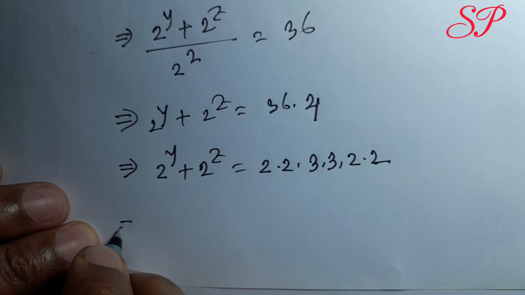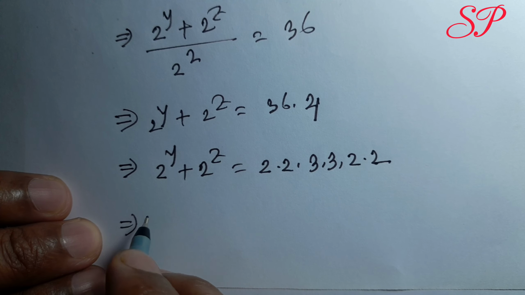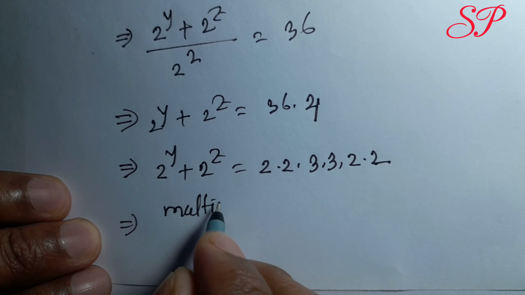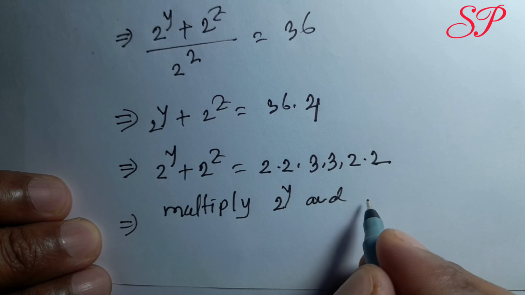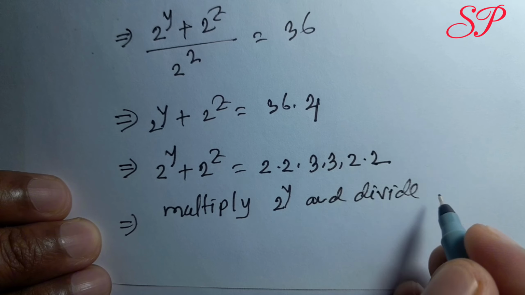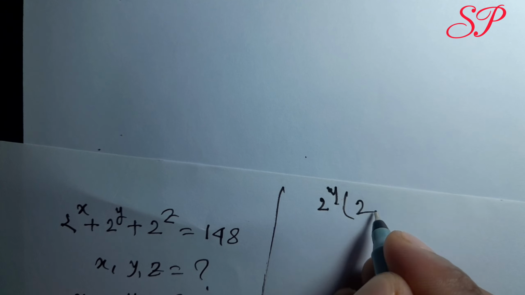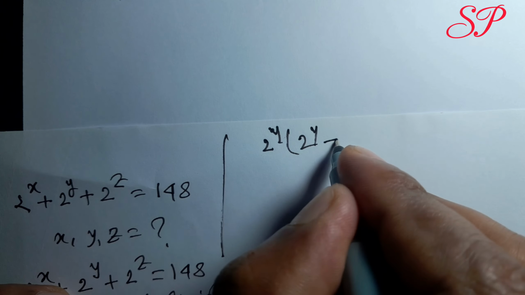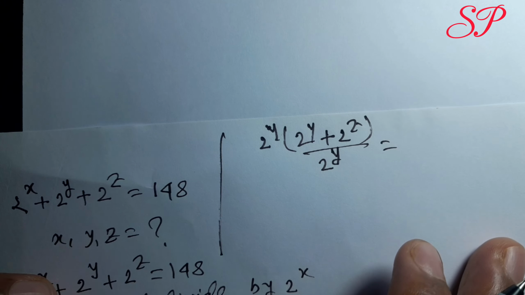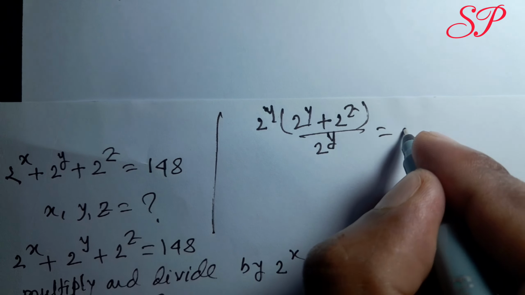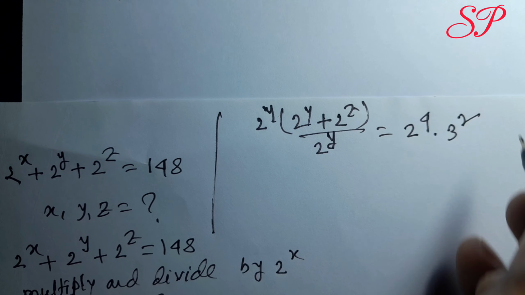Okay, now we multiply and divide by 2^y. 2^y times (2^y by 2^y plus 2^z by 2^y) is equal to 2^4 into 3 square.